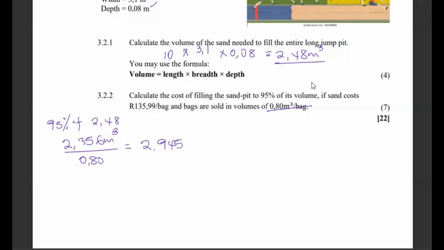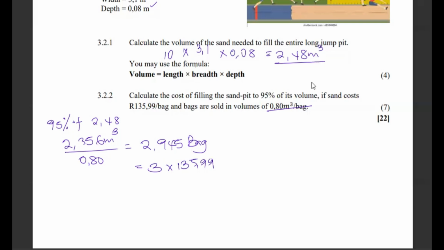That gives 2.9. These are the bags that we need, so we round it up. So we need 3 of them, but each costs 135 rands 95 cents.